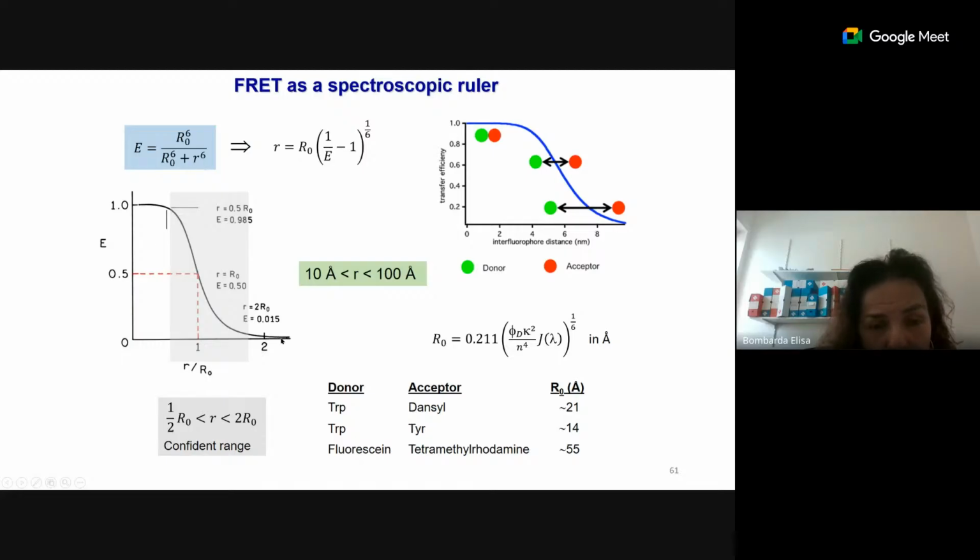Lower is the efficiency, at a certain point it is 0.